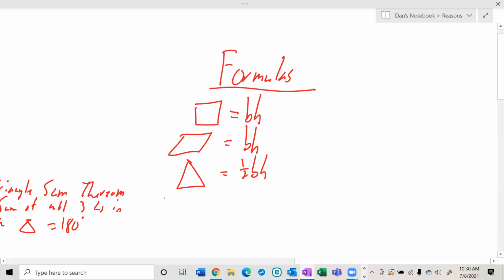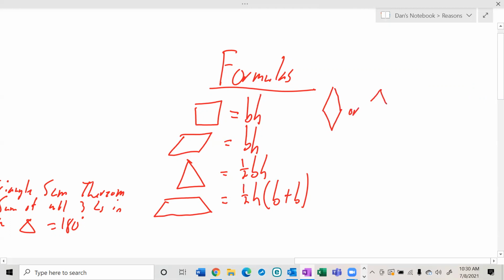What else do we have? A trapezoid. One half the height times the sum of the two bases. I think you were thinking the right thing, though you said it kind of weird. We had a rhombus or a kite. So we're going to draw it like this, rhombus or kite.